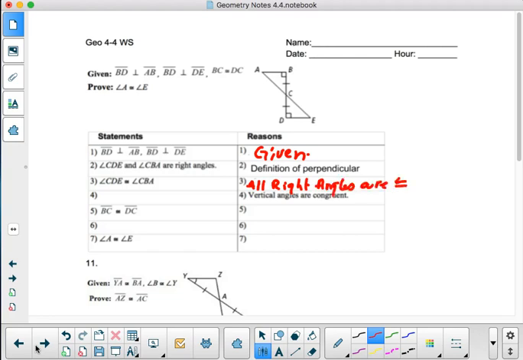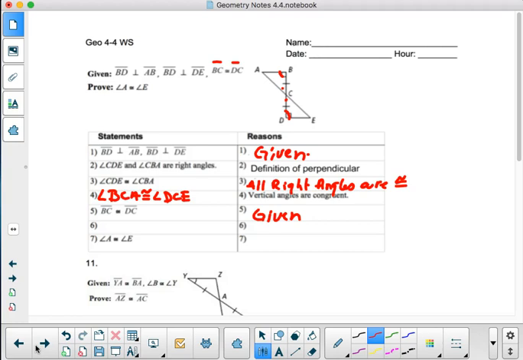Now I've got vertical angles here, and those two things are congruent. I already have those sides, and I'm going to have angle, side, angle. Angle BCA is congruent to angle DCE because vertical angles are congruent. BC and DC are congruent, and there should be segment marks above those, because of given.